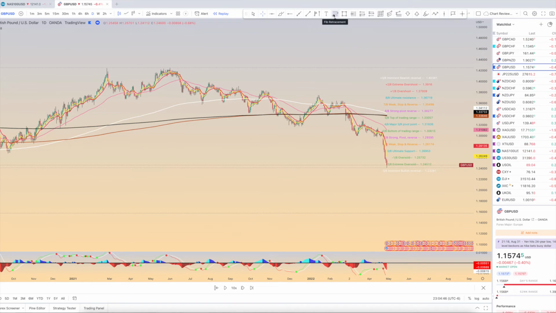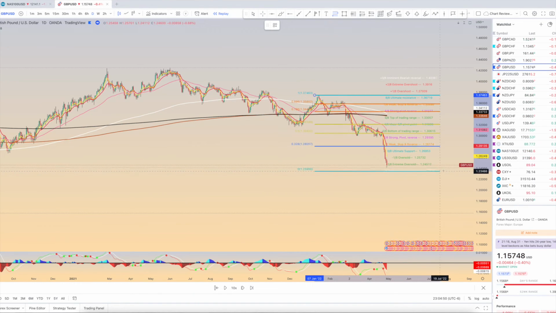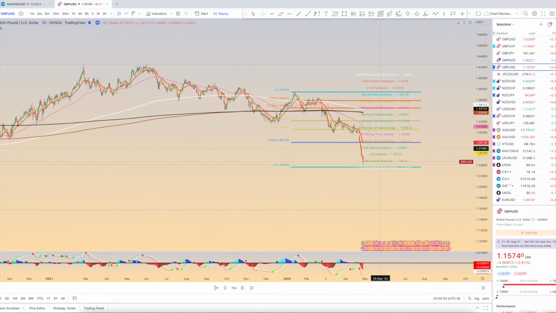So good example to draw. Right here from the peak to the oversold line, you could even project where it's going to hit off. And if it does that, you can see 618 reversal potential is right here. All your lines have a potential just to bounce off and drop. The higher it goes, the more likely it is to reverse off this area, hence why it's called the golden zone.